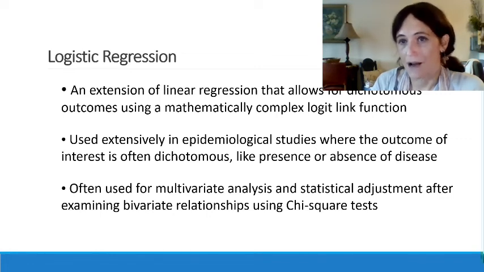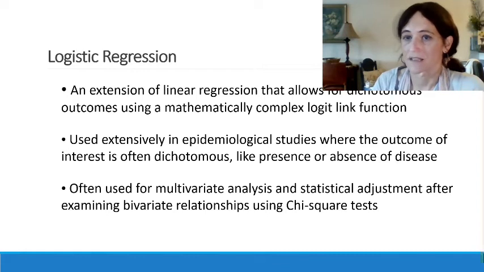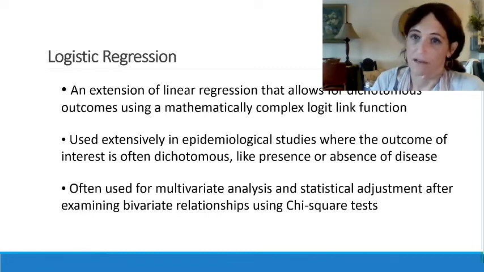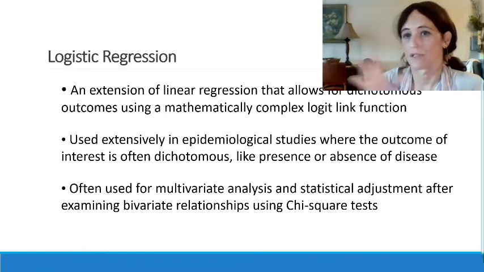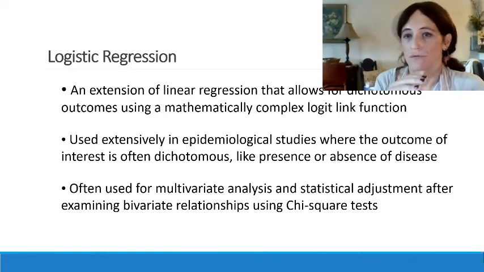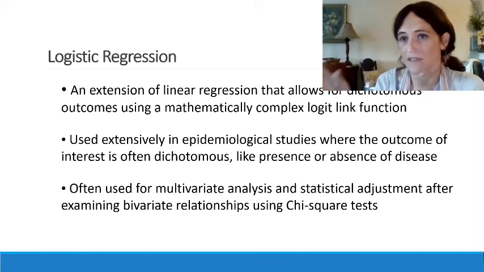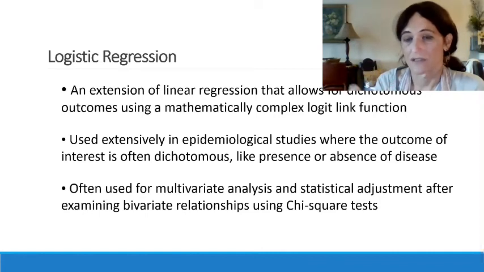It's mathematically complex, but what's nice is that it can generate adjusted odds ratios, adjusted risk estimates in a multivariate model. And so if you're going from 2x2 tables to stratified tables, logistic regression is more powerful in that you can include lots of variables on different types of scales like you can in linear regression.